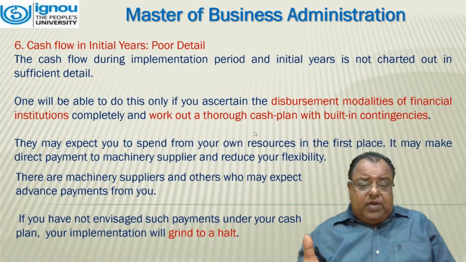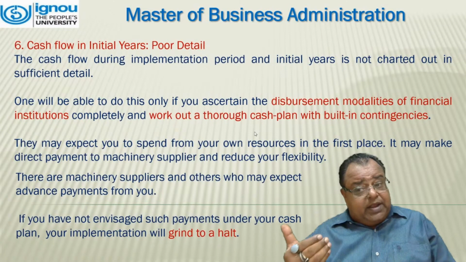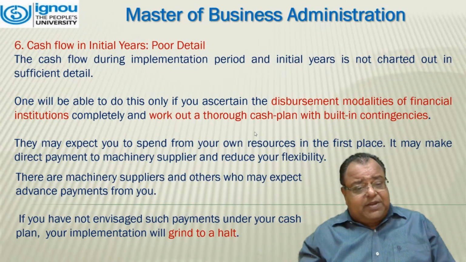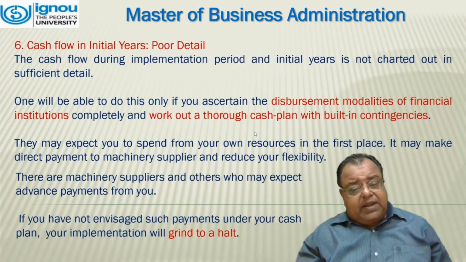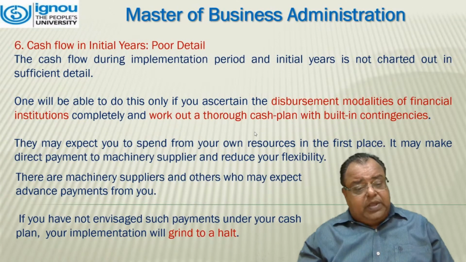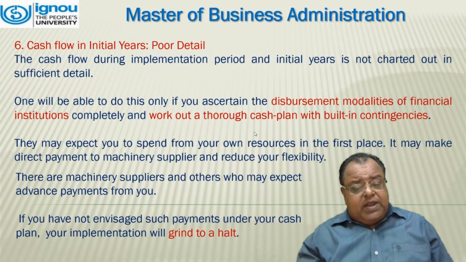They may expect you to spend from your own resources in the first place. They may make direct payment to machinery suppliers and reduce your flexibility. There are machinery suppliers and others who may expect advance payment from you. If you have not envisaged such payments under your cash plan, your implementation will grind to a halt.